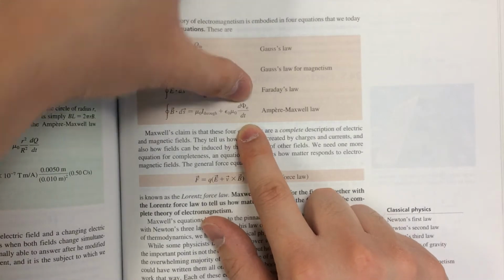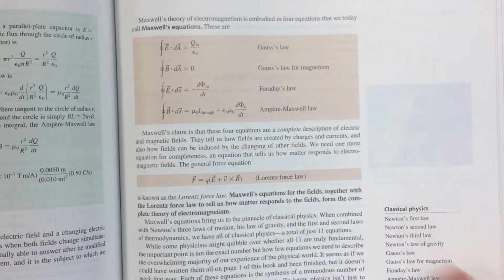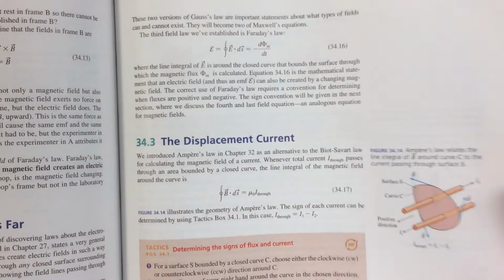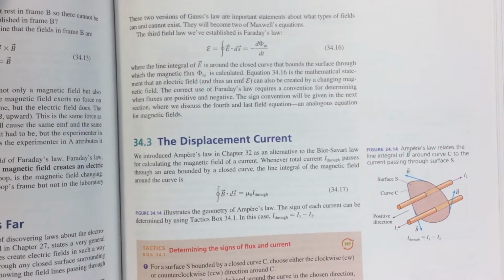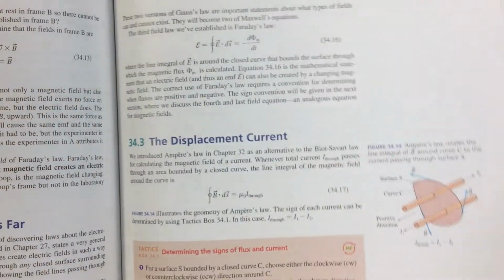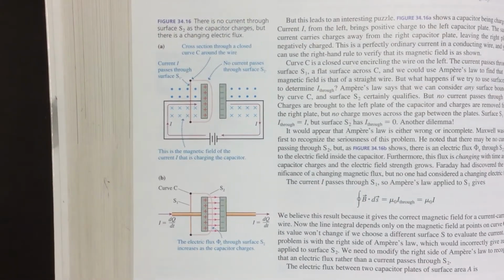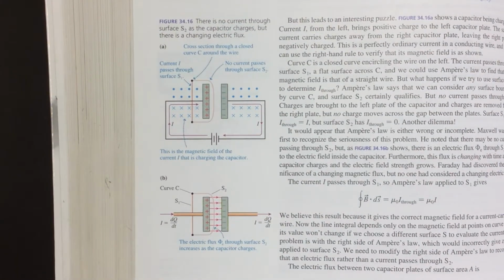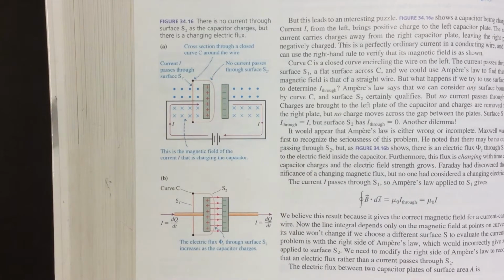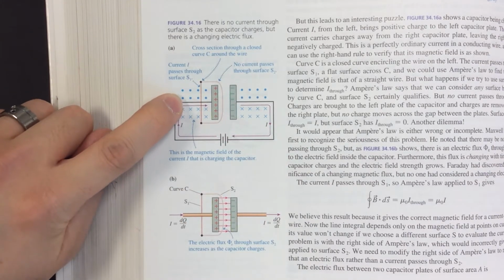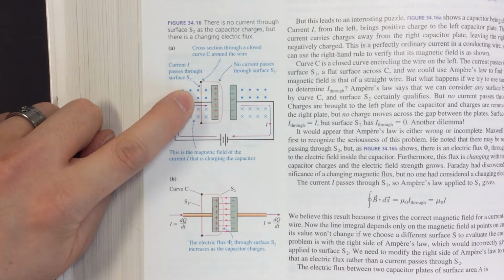We haven't explored that yet, so let's take a look at that for a second. Where did this come from? This is what we call displacement current, and it comes from this. Imagine you have a capacitor that you're charging up or discharging. If you're charging it up or discharging, there's current going through the wire, so we would expect a magnetic field around the wire.